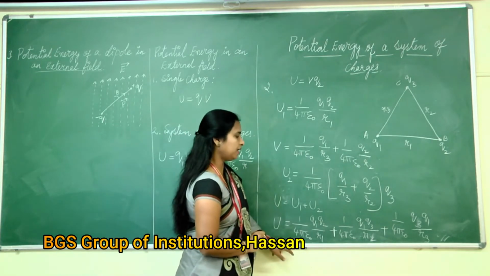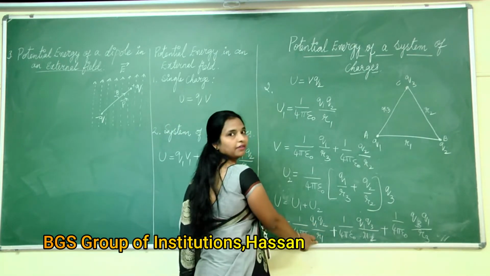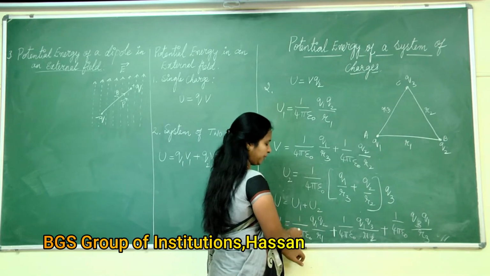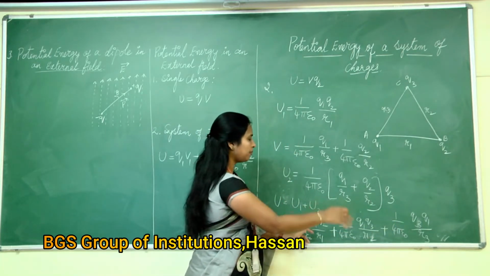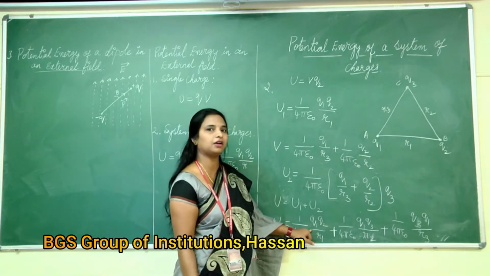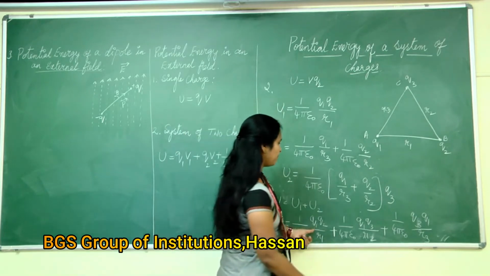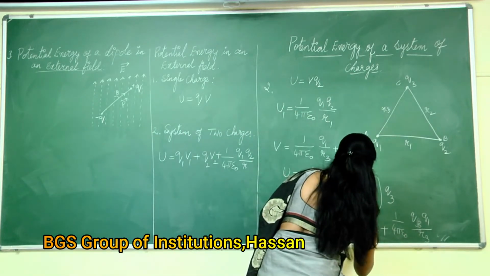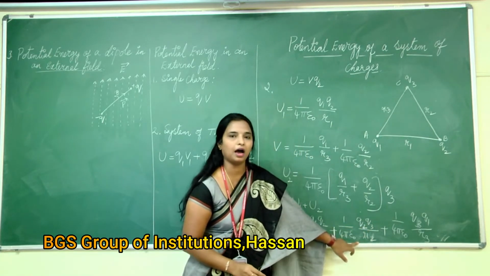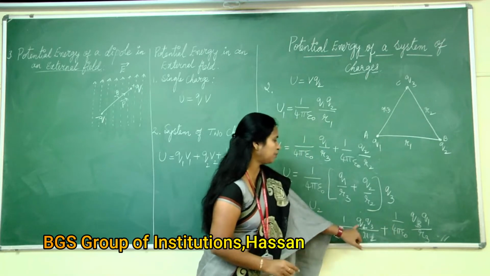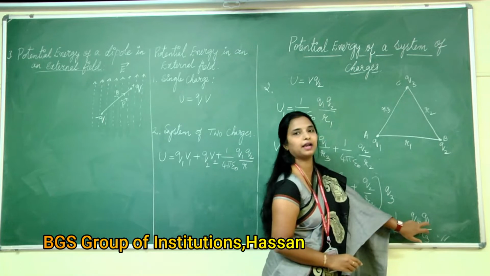See, you can easily remember the formula as 1 by 4 pi epsilon naught Q1 Q2 by R1, and since 1 by 4 pi epsilon naught is constant in all the terms, you can take it outside, and inside the bracket you can remember it in a cyclic order as Q1 Q2 by R1 plus, in the place of Q1 you take Q2, that is Q2 Q3 by R2 plus, in the place of Q2, we write Q3, and in the place of Q3, we write Q1.